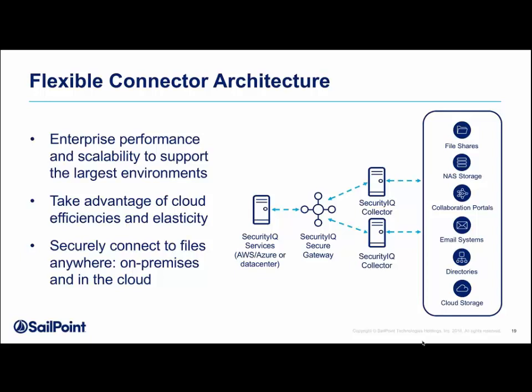As you can see, some of these are up in the cloud, and some are on premises: the file shares, the NAS storage, the collaboration portals, and the directories as well. You can deploy multiple collectors, as you see just to the left of the repositories. We also call them connector engines, as needed to perform large tasks. And you can also reduce the number of these connector engines when there aren't as many changes to sensitive data.